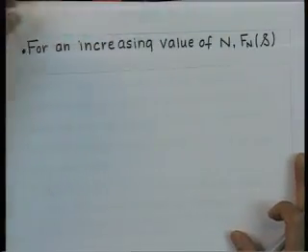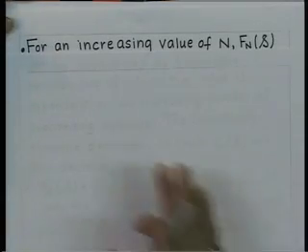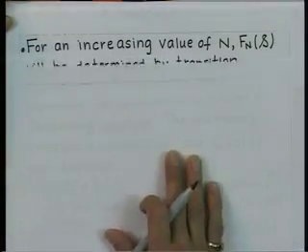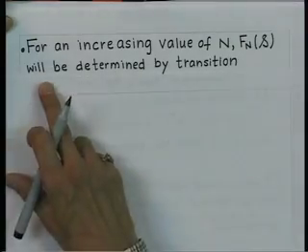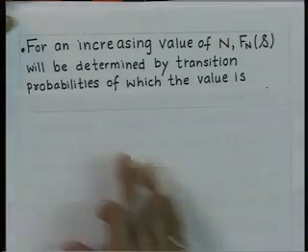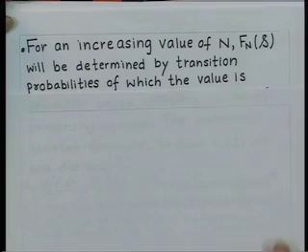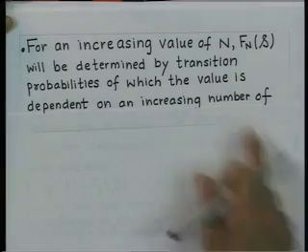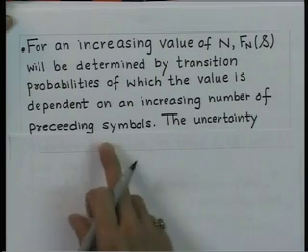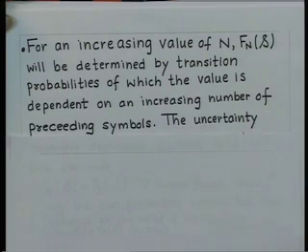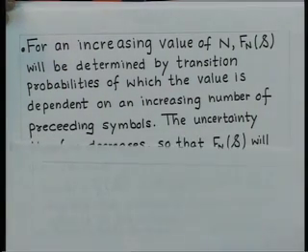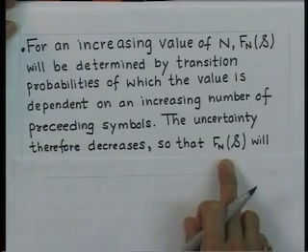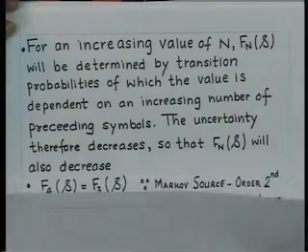What we have observed is that for an increasing value of n, FNS will be determined by the transition probabilities whose value is dependent on an increasing number of preceding symbols. So, the uncertainty therefore decreases, and therefore FNS will also decrease.